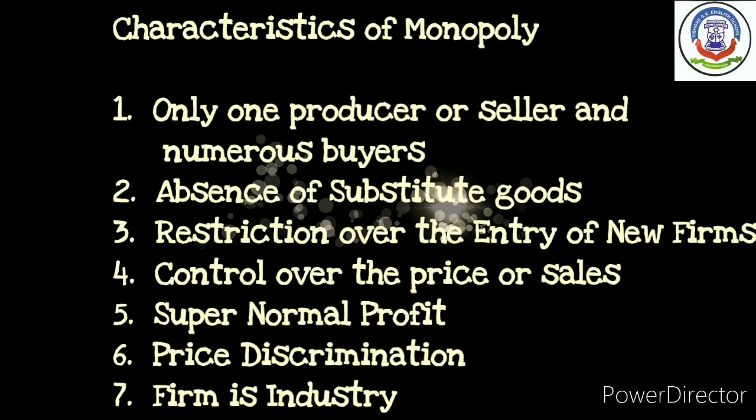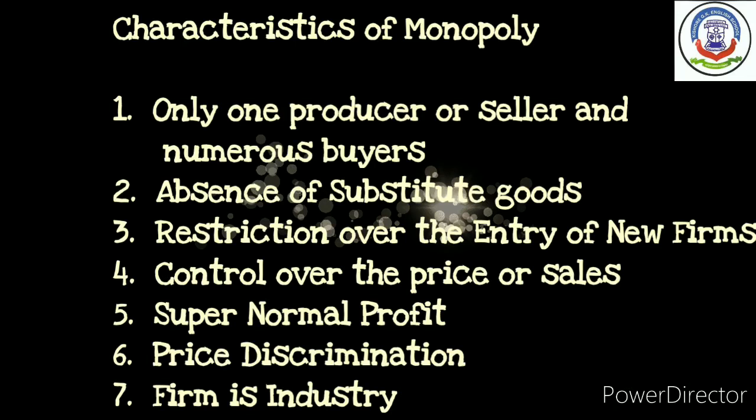Sixth, price discrimination. In monopoly, monopolists have complete control over the price of goods or services, and there is no other competitor. Sometimes they take advantage of this opportunity and get the maximum profit by implementing price discrimination.